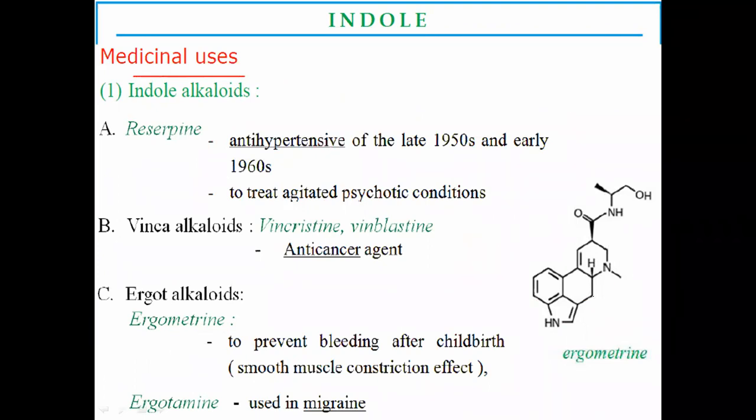Heterocyclic moiety. Here in this example, ergometrine, this structure has the indole ring. This drug is used to prevent bleeding after childbirth.